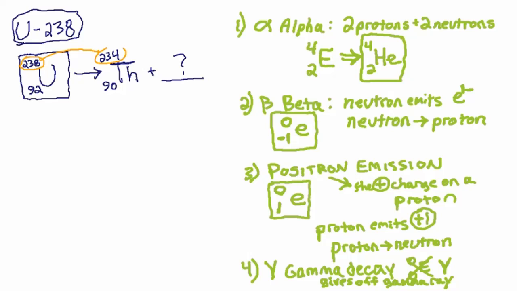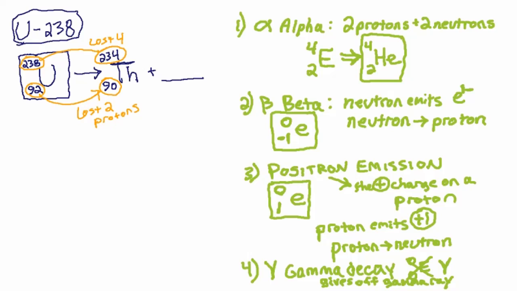Thorium's weight is 234 in this isotope, so we lost 4. And then down on the bottom, uranium's atomic number is 92. It has 92 protons. Thorium has 90 protons, so we lost 2 protons.